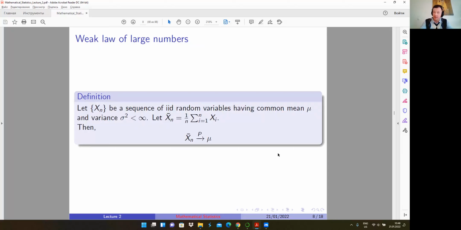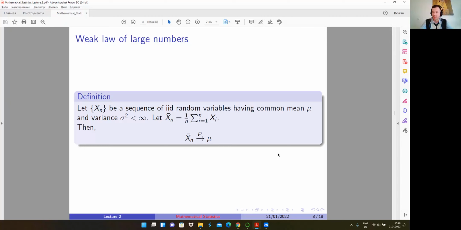And finally, we have one very nice result from this concept of convergence in probability. This result is called the weak law of large numbers. Usually people use this law of large numbers concept in many different and wrong ways.